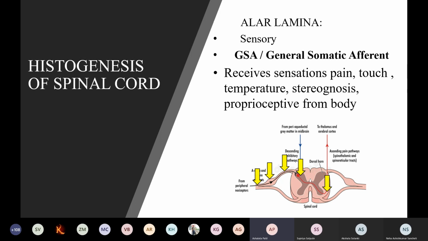So that is the general somatic afferent. All sensations, pain, touch, temperature, stereognosis, proprioception from the muscles and tendons, are carried to these nuclei.